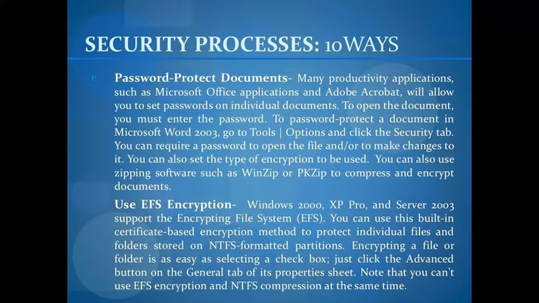Use EFS encryption. Windows 2000, XP Pro, and Server 2003 support the Encrypting File System. You can use the built-in certificate-based encryption method to protect individual files and folders stored on NTFS format partitions.